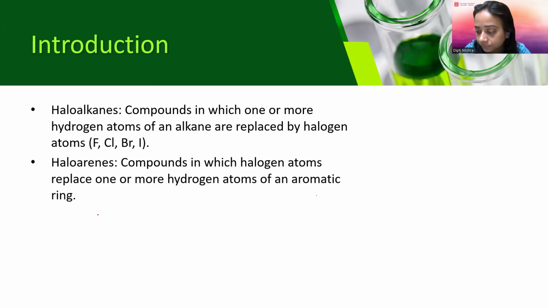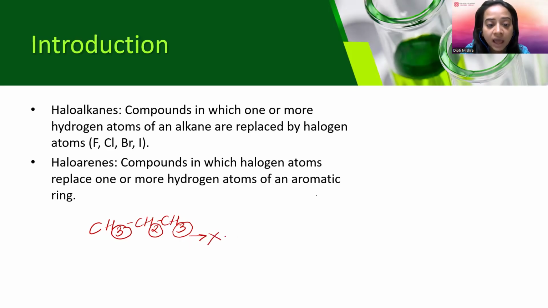For example, you know CH3, CH2, and then CH3. This is our normal alkane. If we replace one hydrogen, either from this or this or this, by a halogen atom X, X is our halogen atom. Either it can be fluorine, chlorine, bromine, or iodine. These are known as halogens.